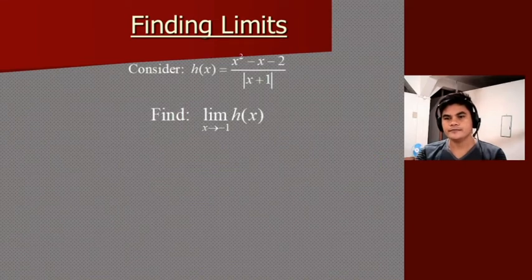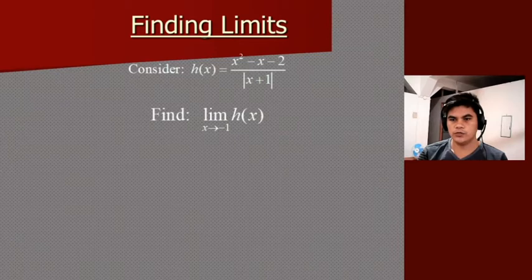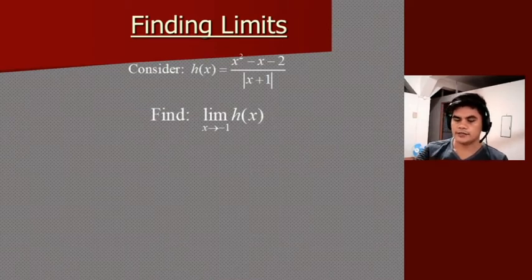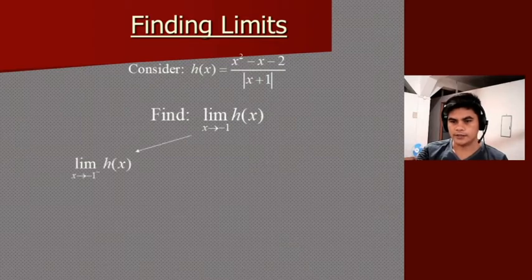Now, how about this? h(x) is x squared minus x minus 2 over the absolute value of x plus 1. This time, we will find the limit of h(x) as x approaches negative 1. Let us try from the left and from the right.